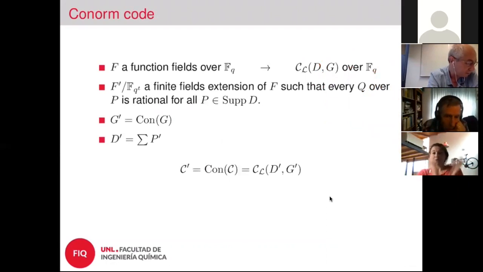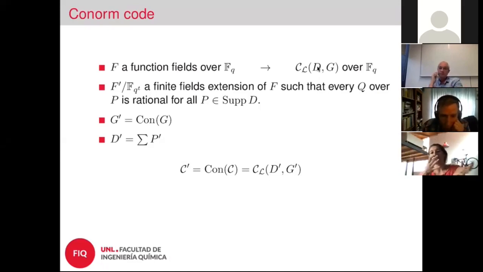So we start with a function field and an AG code on that function field, and we choose an extension, a finite field extension, such that for all the places in the support of D, this is the divisor that we are going to evaluate our functions on, we require to have an extension such that for every place in D, all the places above are rational.